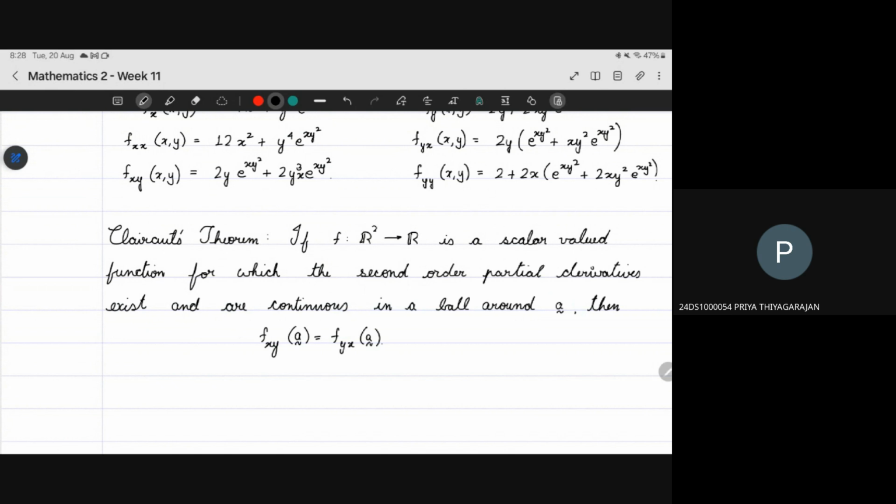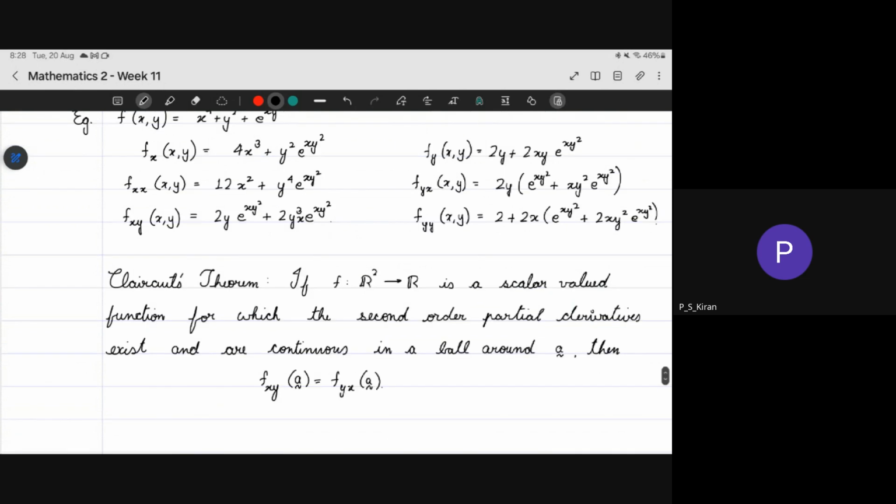So even though there's a, sorry, is there a doubt? Sir, what is this order exactly denoting? Number of times that you're differentiating. Okay, I thought it was like variables.